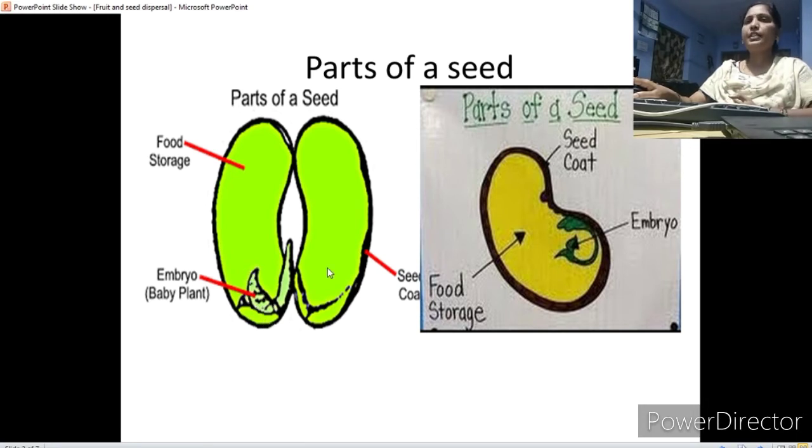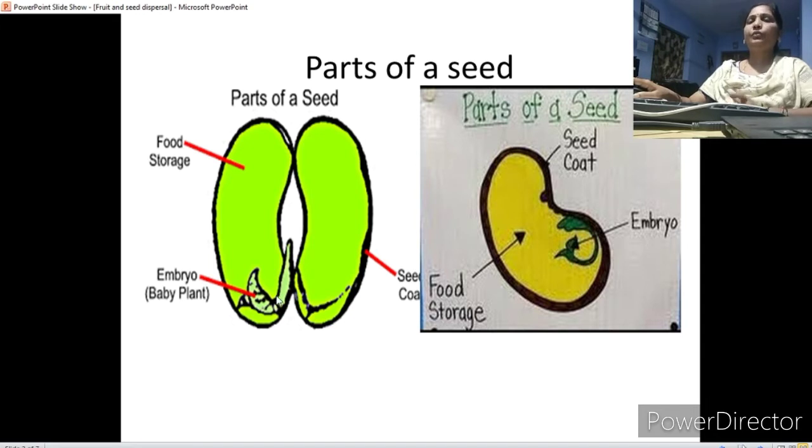The part which is above the ground is known as the shoot system, and the part which is below the ground is known as the root system. The root system develops from the radicle, and the shoot system develops from the plumule. So from the embryo, the radicle and the plumule develop. First the radicle grows and then the plumule grows.